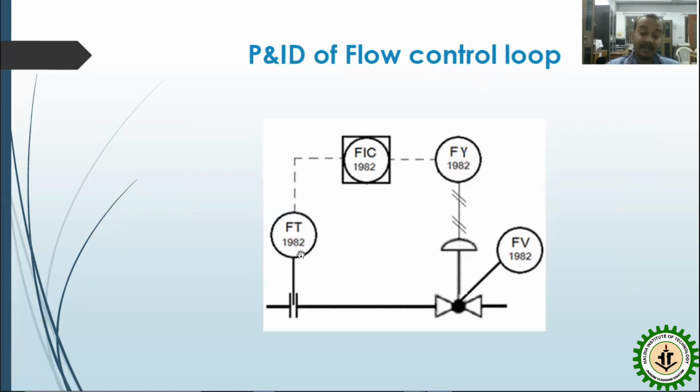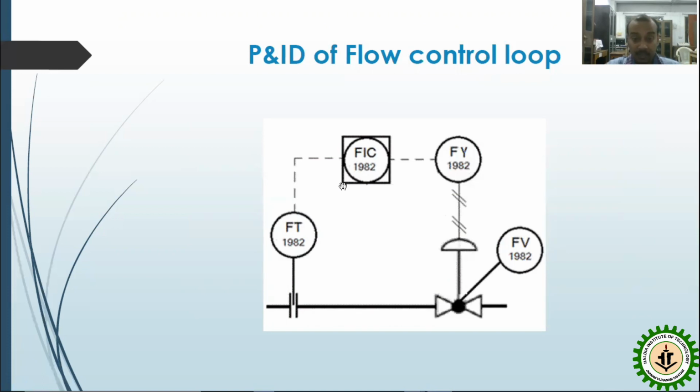One interesting fact is that this loop number is 1982. That means, as I just told you, not only 100 or 200 loops we need to handle, maybe we need to handle more than 1,000 loops if the plant is a huge one. This flow transmitter gives an electrical signal as output, and it will be given to the FIC, flow indicating controller.